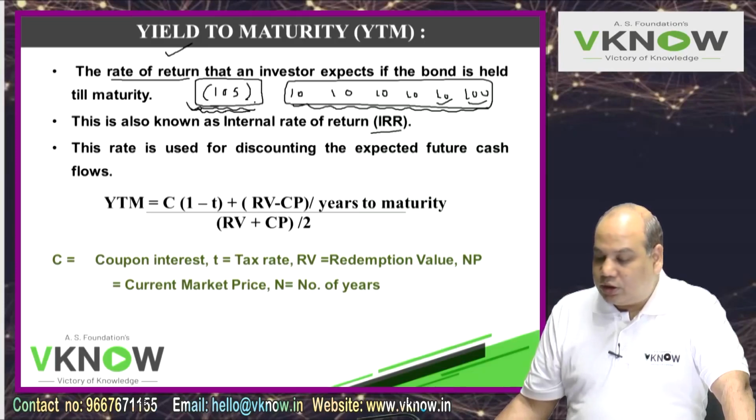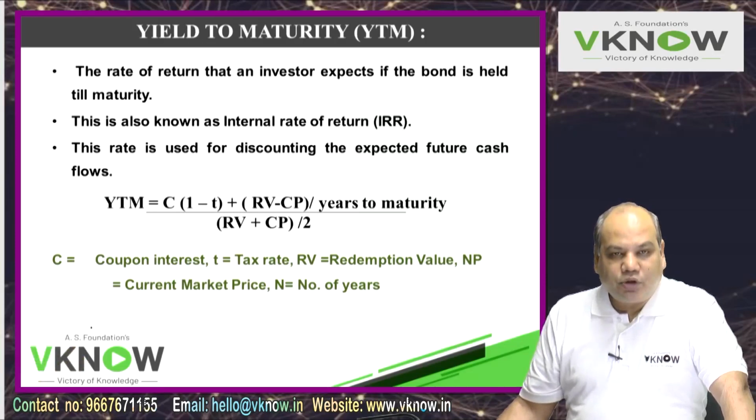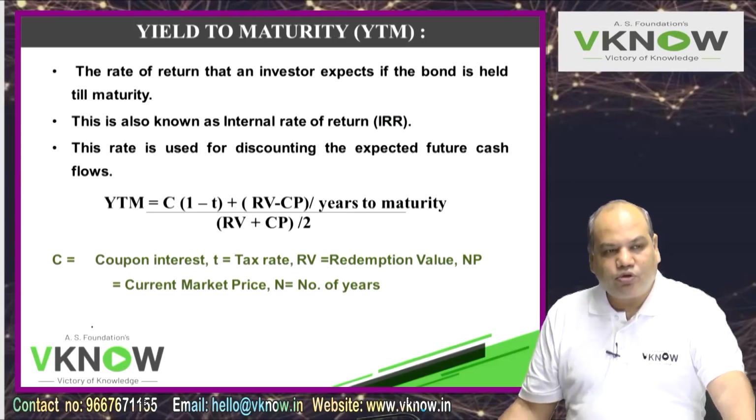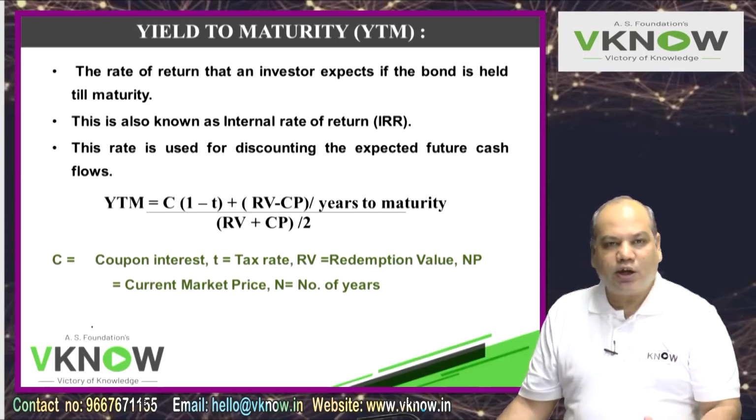Now, internal rate of return is that discount rate at which the present value of future cash inflow is equal to the present value of cash outflow. It means if you hold the bond till maturity, what is the rate of return you are expected to earn based on the cost of the investment and the future cash flow?